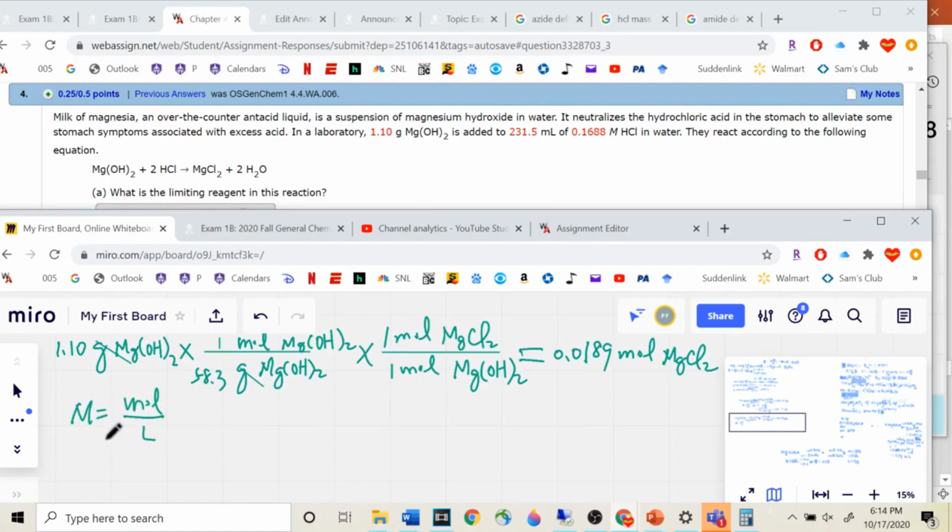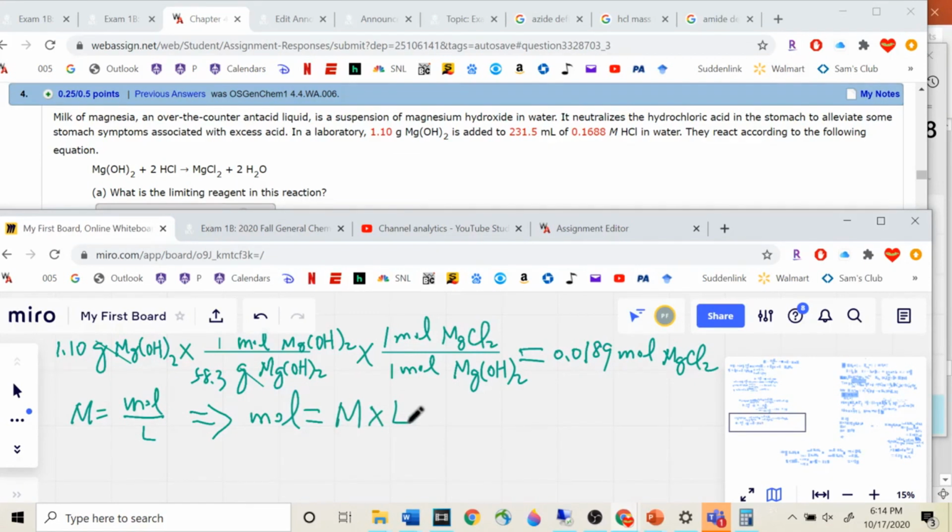We know the molarity right here, and we also know the volume. It's not in liters, but we can convert that to liters. So we should be able to calculate the moles by multiplying the molarity and liters for HCl.